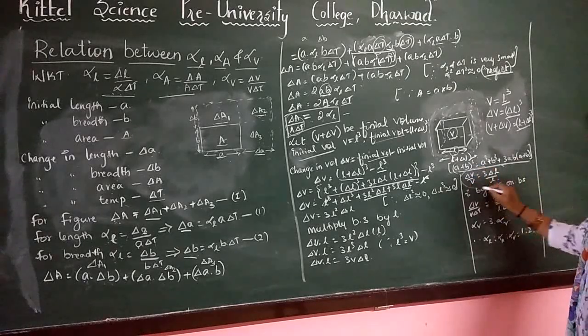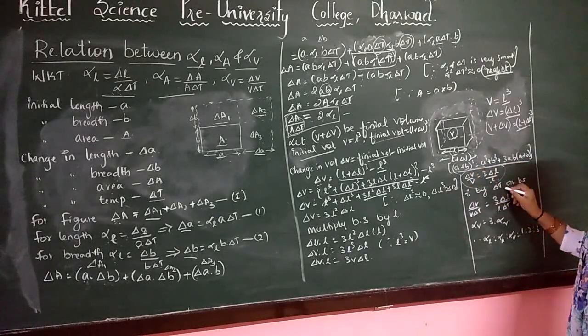Now I am going to divide by delta T on both sides.